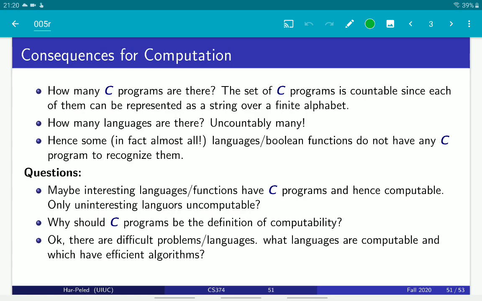Okay, and this of course gives rise to a lot of questions. The first question is, we speak about programs, so what programming language? Should we speak about a C program or assembly programs or Pascal or COBOL? COBOL programmers still make quite a bit of money.